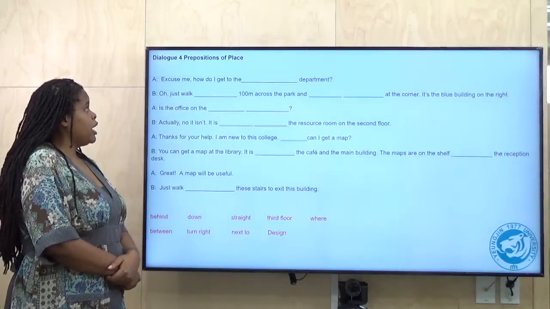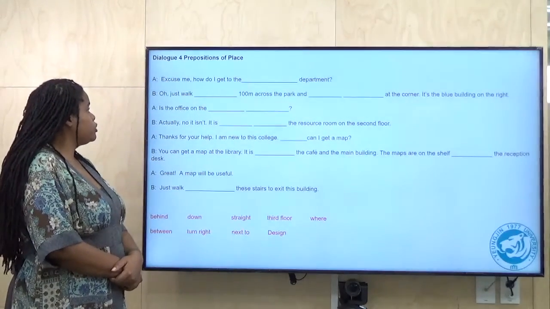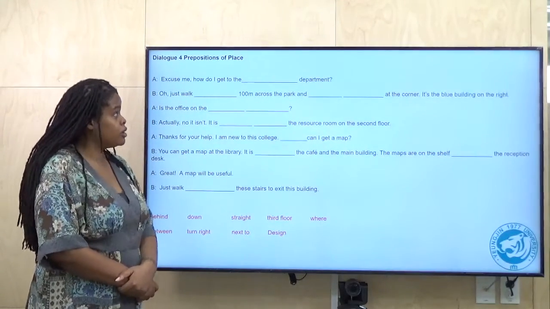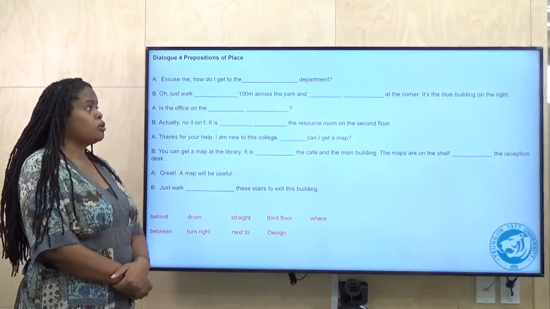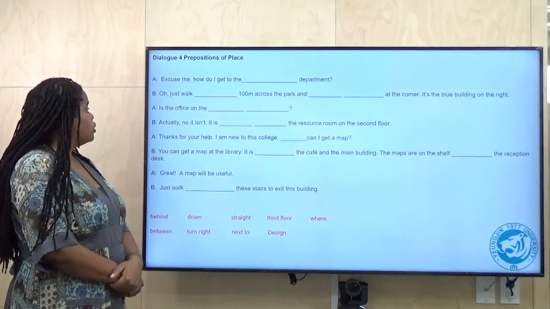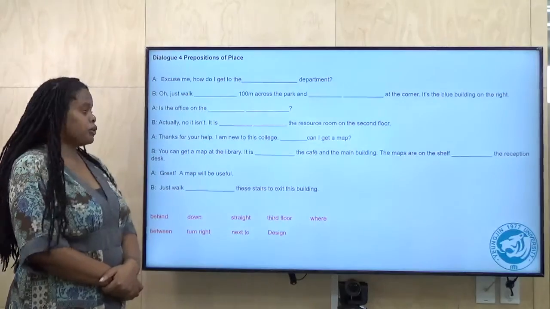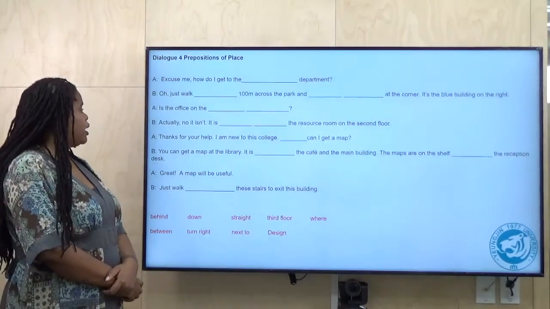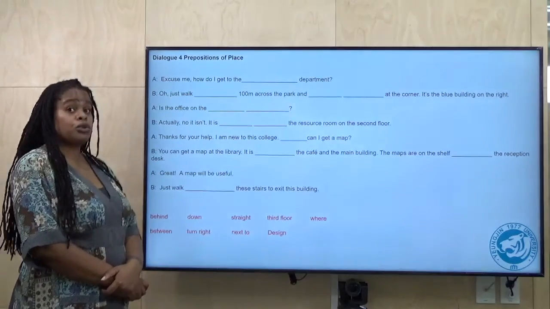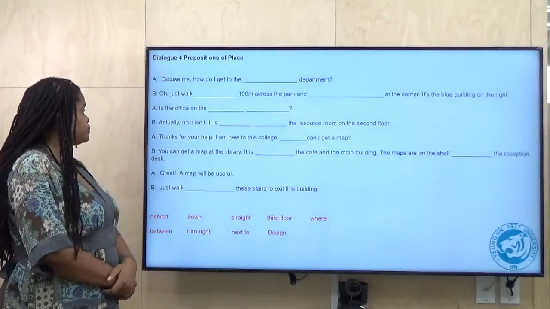Excuse me, how do I get to the design department? Oh, just walk straight 100 meters across the park and turn right at the corner. It's the blue building on the right. Is the office on the 3rd floor? Actually, no, it isn't. It's next to the resource room on the 2nd floor.